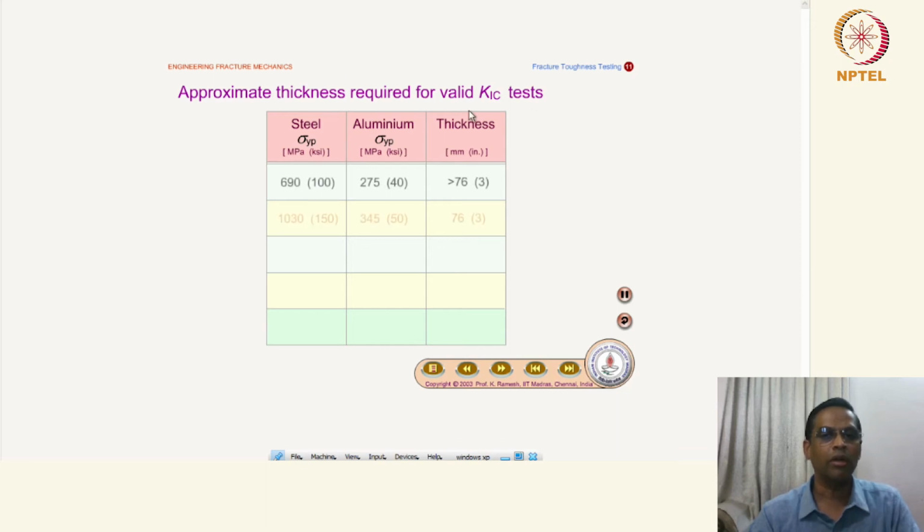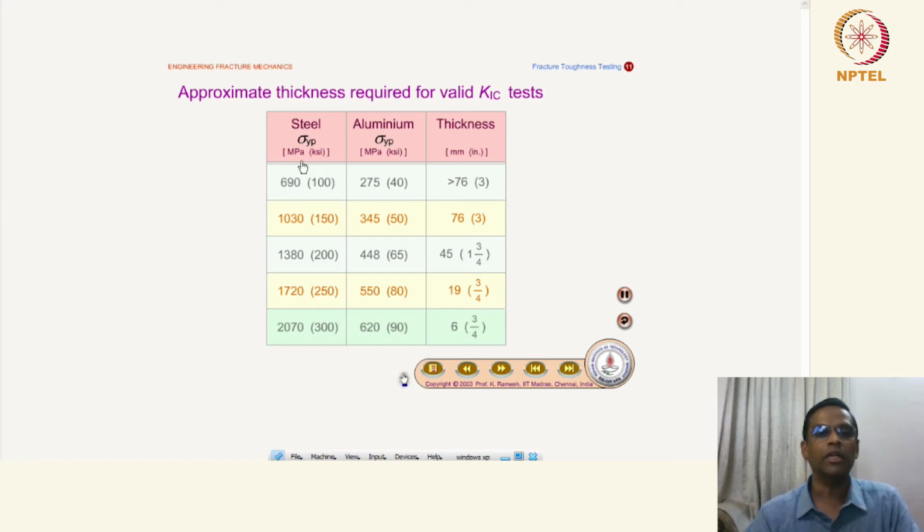and we will just see the approximate thickness required for a valid K1C test. This is generally for steel. It is 690, given in MPa and ksi depending upon this. And if it is in this range, then the thickness should be 76 mm or greater.